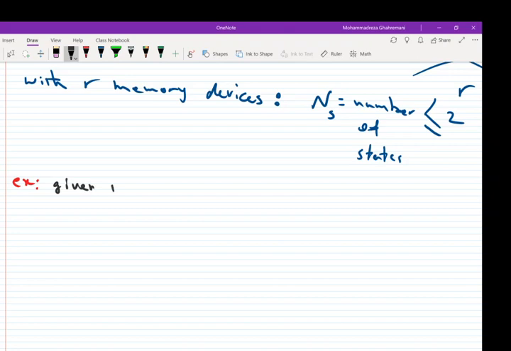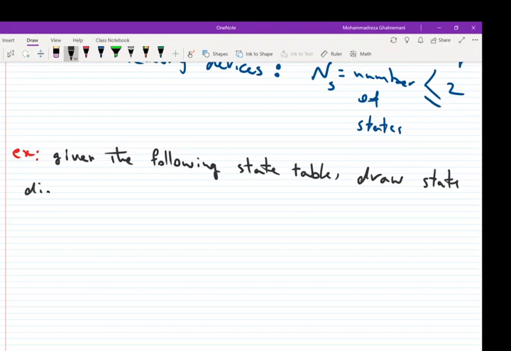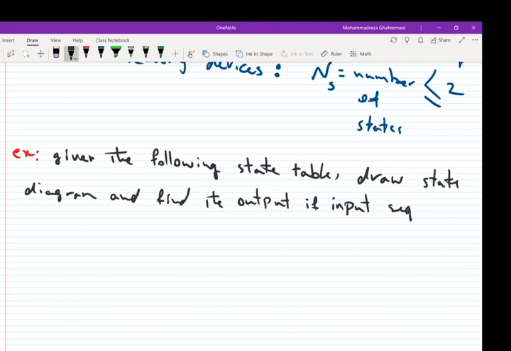Given the following state table, draw state diagram and find the output if input sequence 0 1 1 0 1 0 1 1 0 0 is applied to the system.